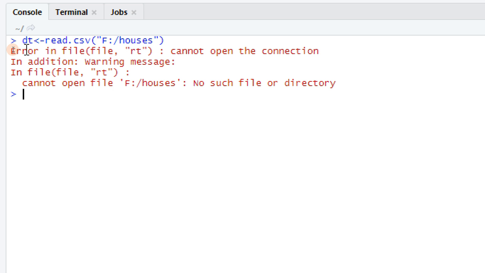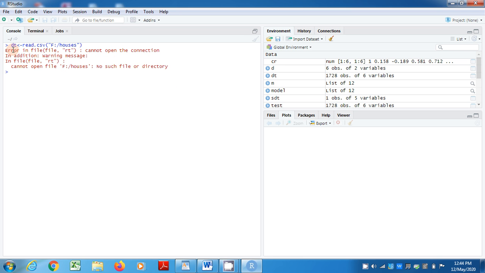Run that. Error in file: cannot open the connection, and an additional warning message: no such file or directory. Why? We have just seen, right?